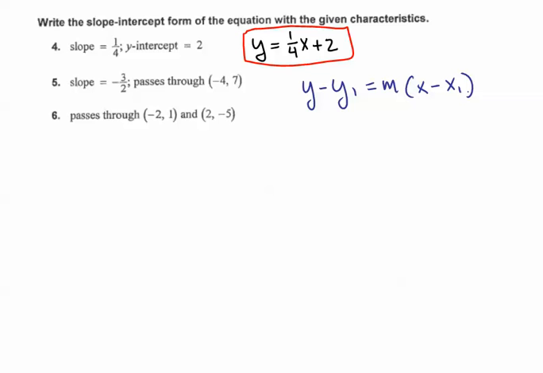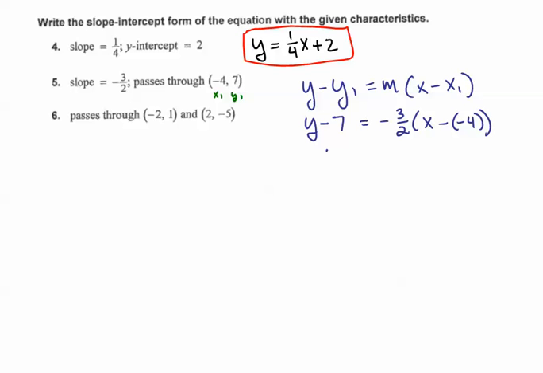So y minus y1, y minus 7 is equal to negative 3/2, which is our slope, times x minus x1, which is negative 4.